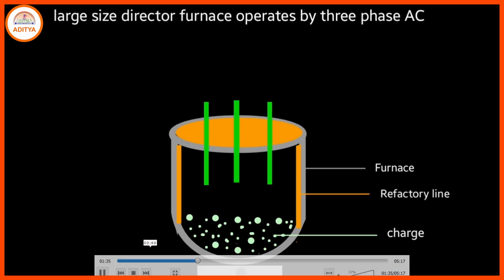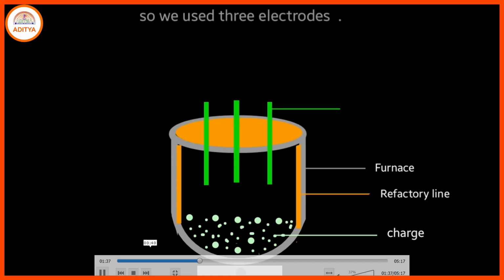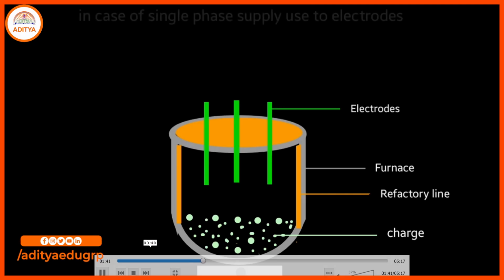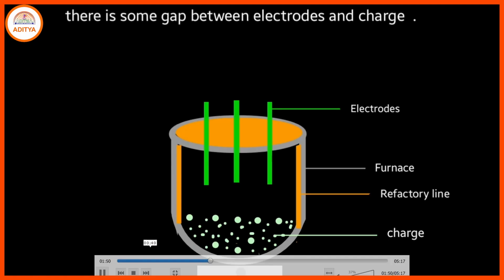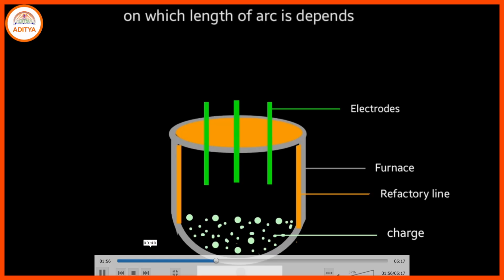The material to be heated is known as the charge. A 3-phase AC current is used for providing the electric source through the electrodes. In the case of single phase, we use 2 electrodes. Some gap is created between the electrodes and the charge, the metal scrap.